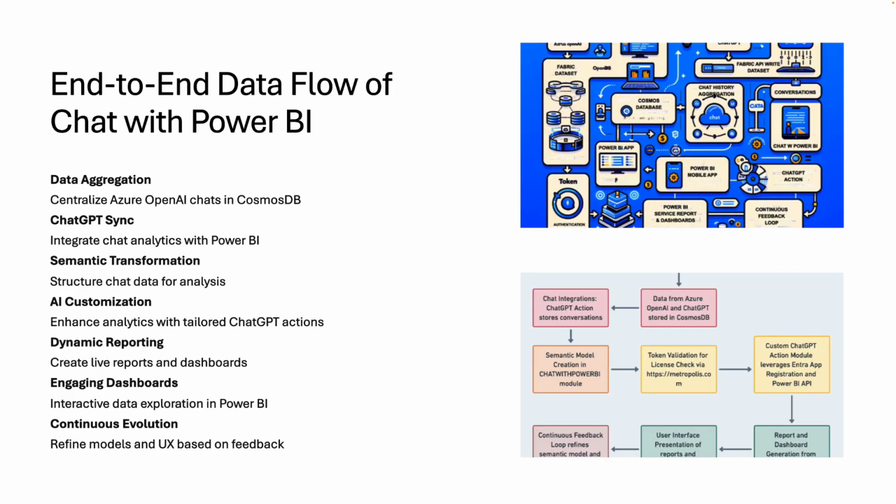So, seamless integration with the ChatGPT plugin. So end-to-end data flow. We're aggregating all of your conversation history, not only in your Azure deployed model, but also ChatGPT, giving you semantic transformations of those models. So when you think about feedback or human feedback with your Azure deployed model, it's critical that you're feeding the model with the best data that you have.